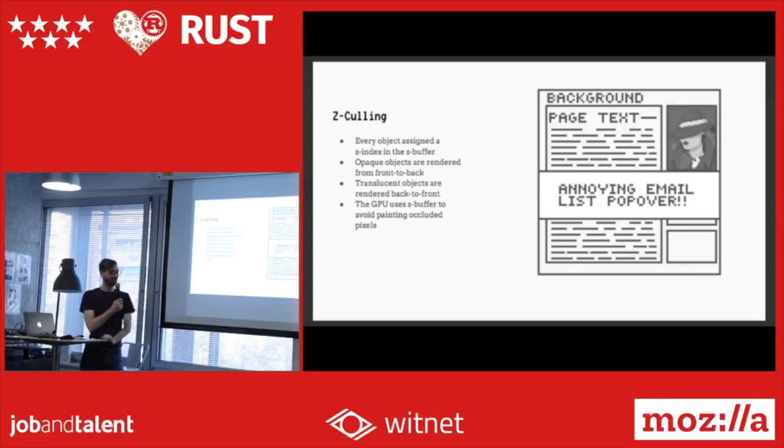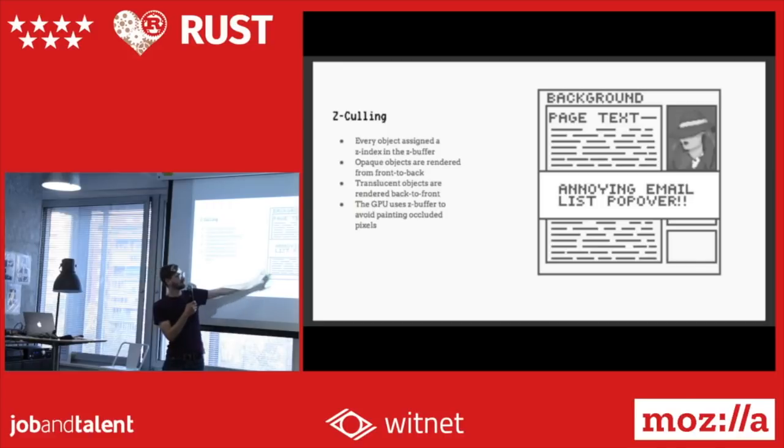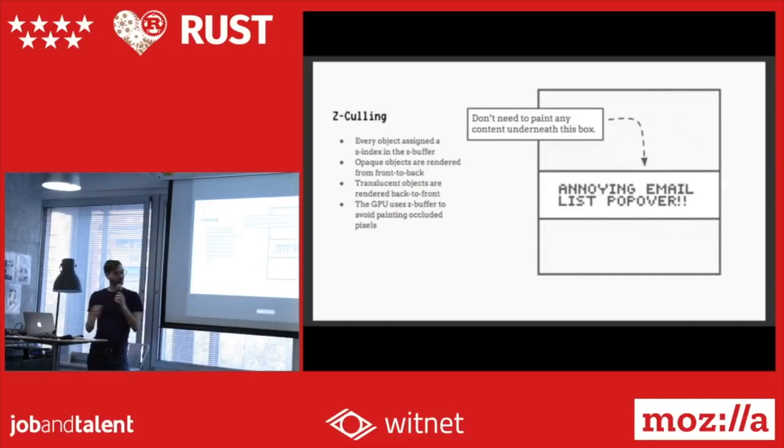So this is a very typical web page where you have the background, some page text, a picture of Carmen Sandiego, and then some annoying pop-up that pops up on top of the page, which, imagine in this case, is completely opaque. Everything underneath that pop-up does not need to be rendered.